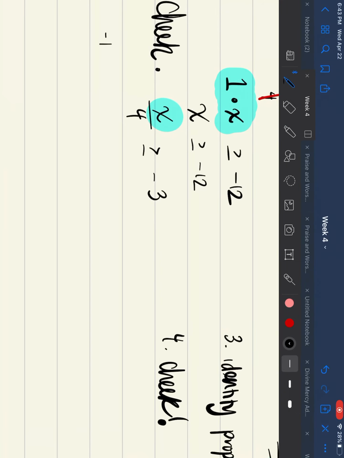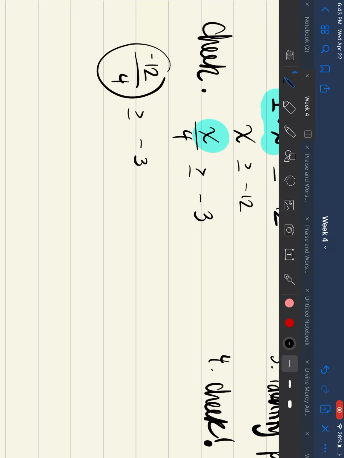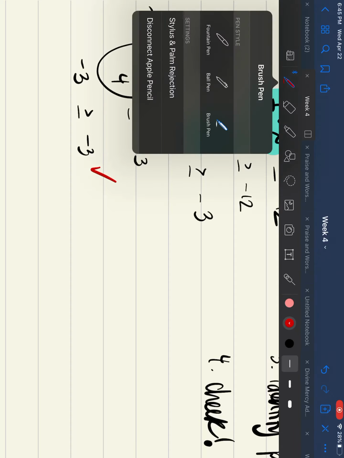Let's try it. Negative 12 over 4 is greater than or equal to negative 3. Remember, this is the same thing as me just saying negative 12 divided by 4, which is negative 3, greater than or equal to negative 3. Is negative 3 greater than or equal to negative 3? Yes. Therefore, that remains true.